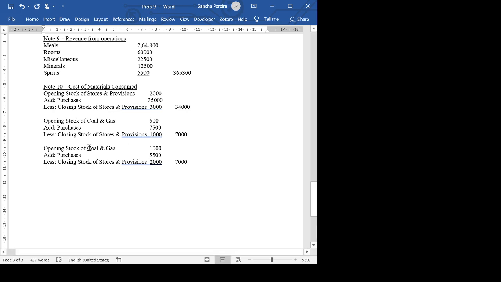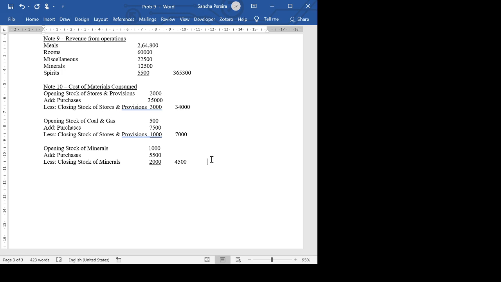So opening stock, purchases and closing stock of minerals. That comes to 6,500 minus 2,000, which will be 4,500.